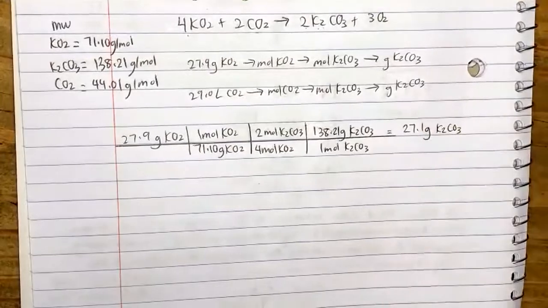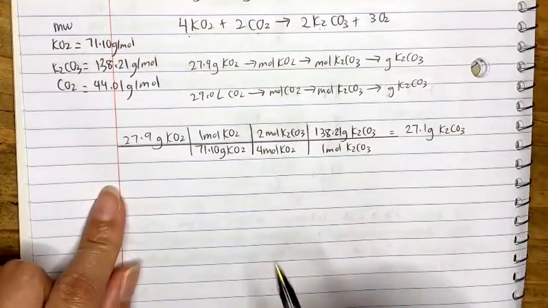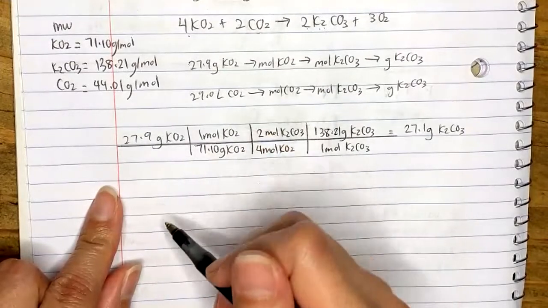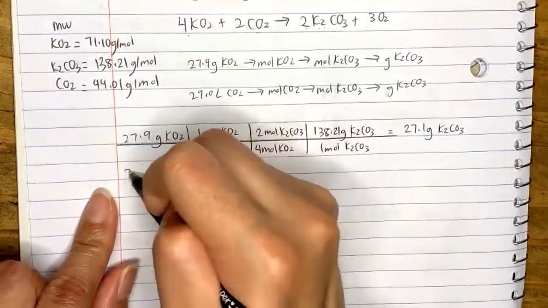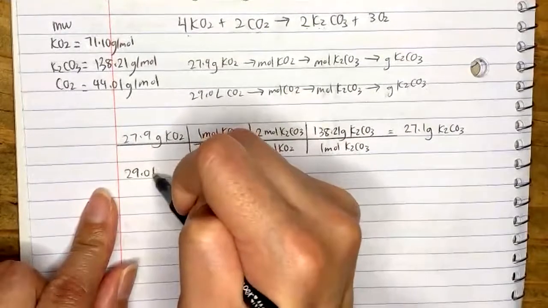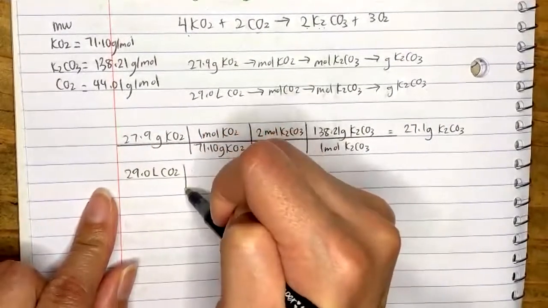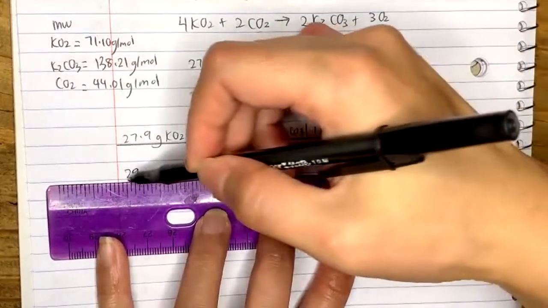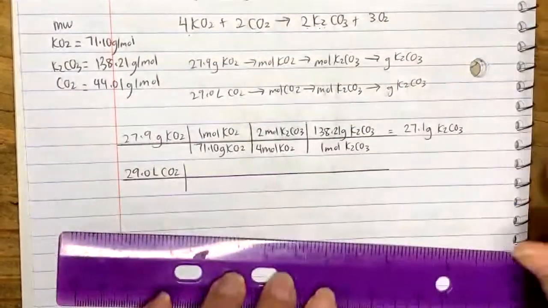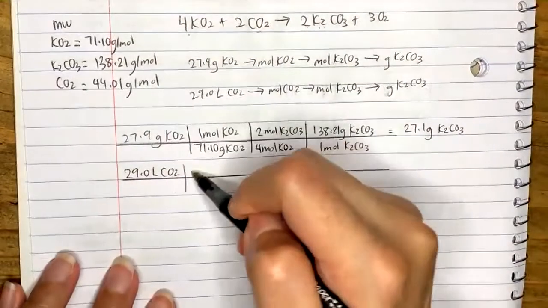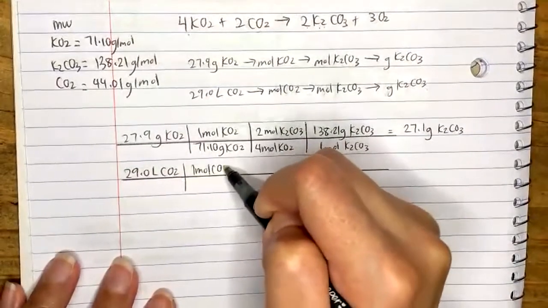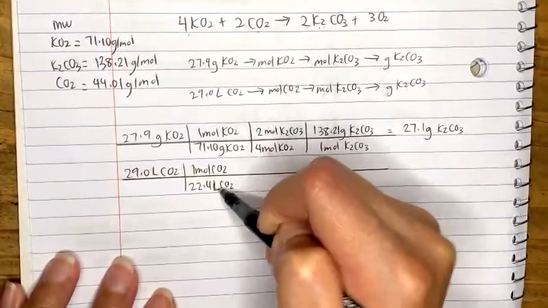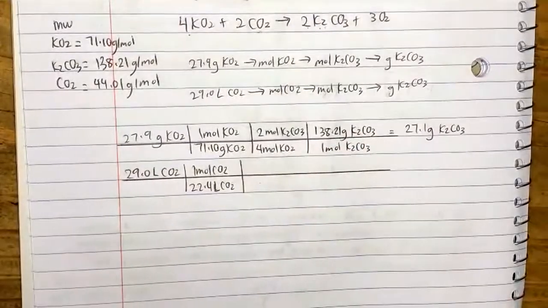We're not done yet. We have to do the next one, okay? Because we have to compare. The smaller one will be the theoretical yield. 29.0 liters CO2. One mole is 22.4 liters because it's at STP.